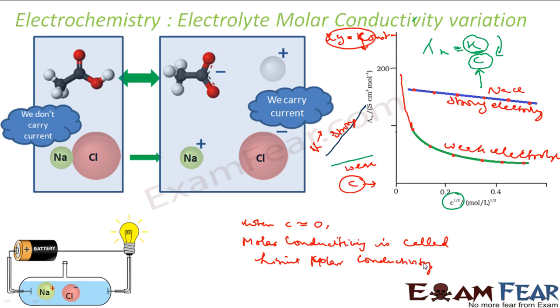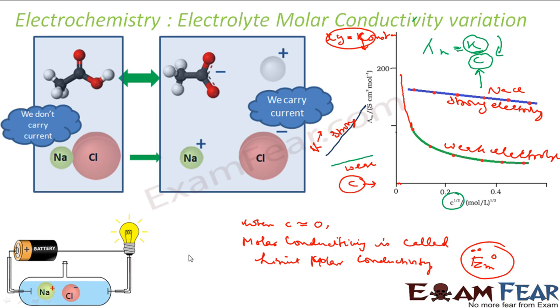It has a very great importance, and it has a special symbol, lambda with 2 dots, M naught. Because at this point, the molar conductivity shoots up like anything, right? It becomes very high.